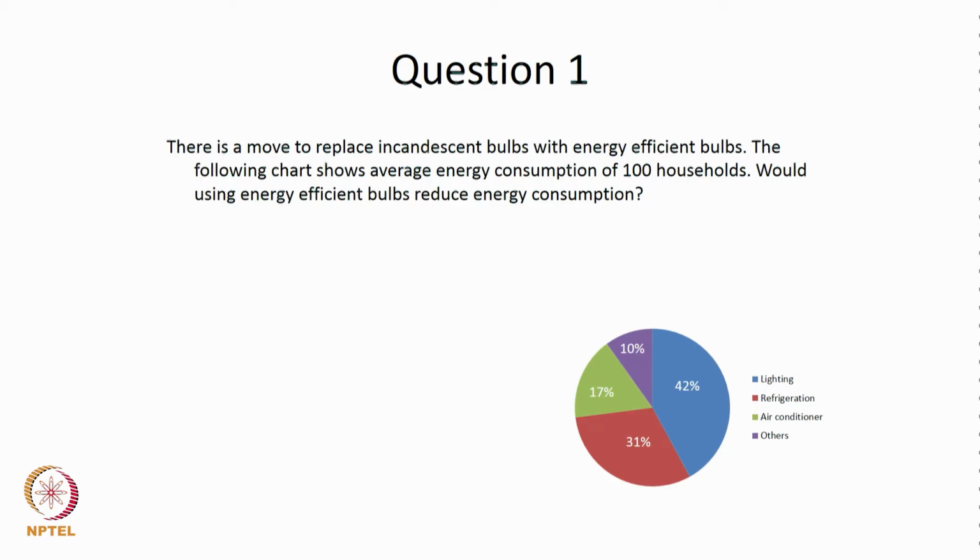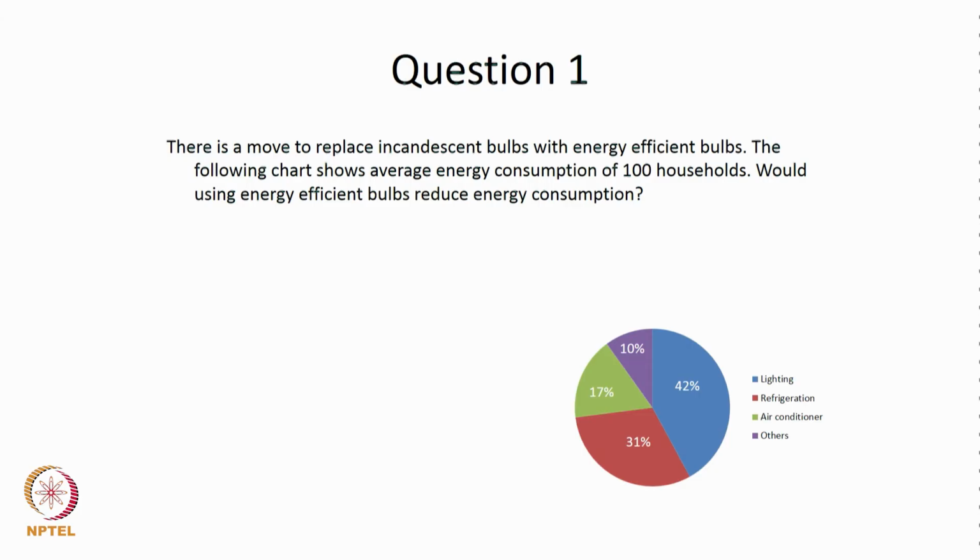But then we use the data that is provided and try to make a decision based on the data that we have. Now, the pie chart shown in this slide tells us the average energy consumption from 100 households. So, from this we observe that 42% of the energy consumed by these households goes in lighting.